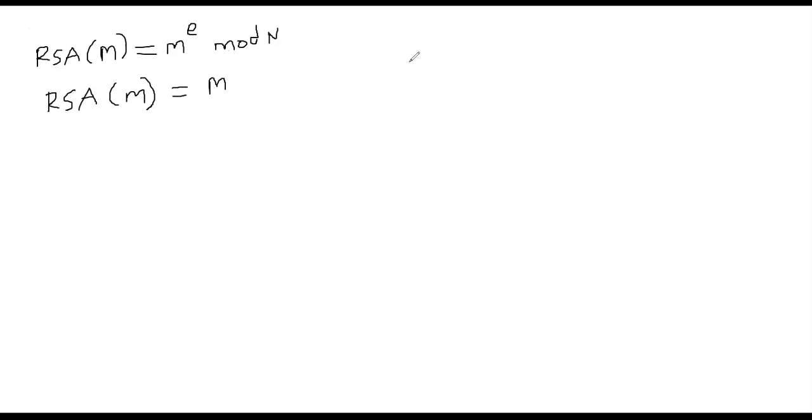I'm going to make use of the isomorphic properties between mod n and p times q. Remember, n is made of 2 primes p times q. So we know that Zn is isomorphic to the Zp Zq pair.